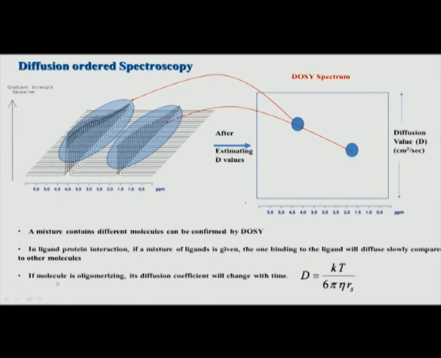Now, if the molecule is oligomerizing, let us say you are looking at an oligomerization process, for example a molecule becoming a dimer, a trimer or a tetramer and so on, it becomes a bigger and bigger molecule, and therefore its diffusion will slowly reduce.